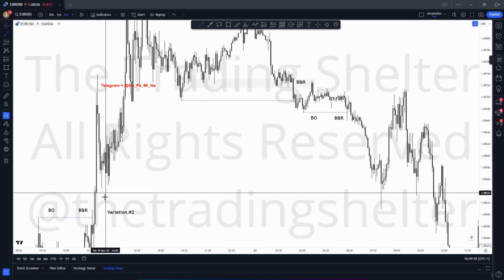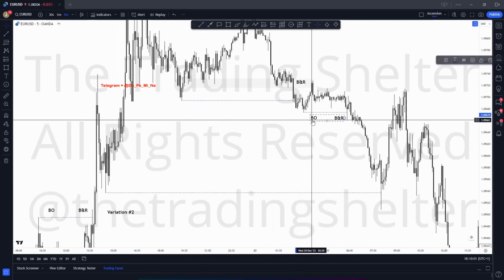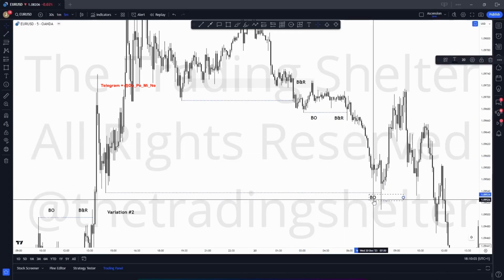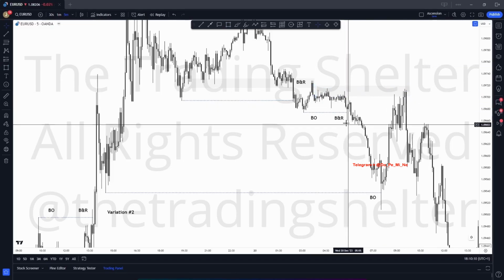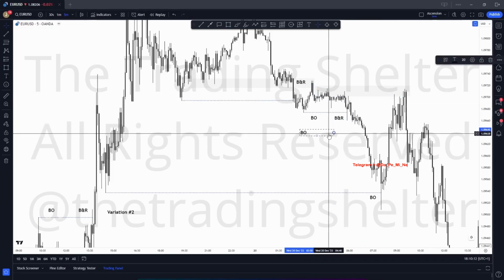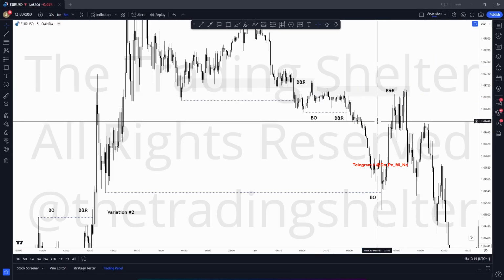Price breaks here, a breakout traders entering here, all right? Support becoming resistance, whatever. Break and retest traders entering here.